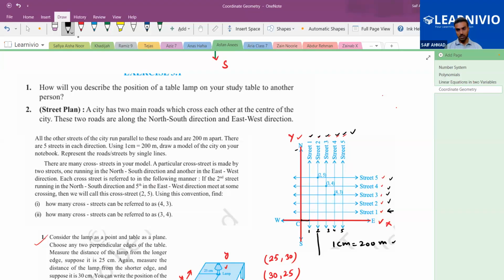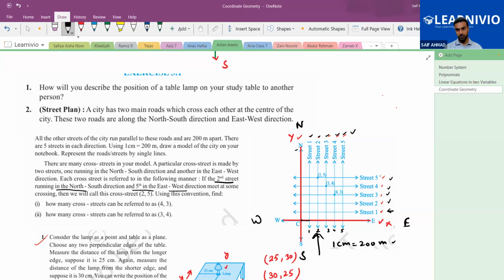It runs in the north-south direction. This is north. This is south. This is east. This is west. So the second street runs in the north-south direction and the fifth in the east-west direction.